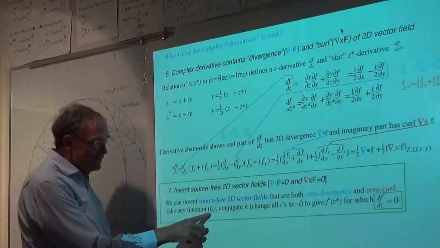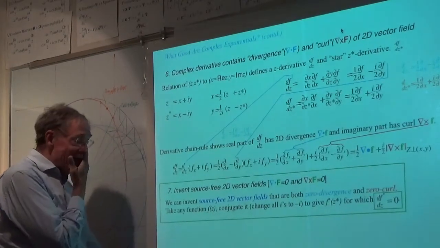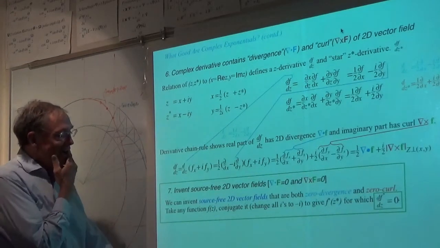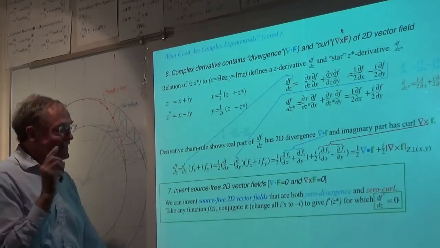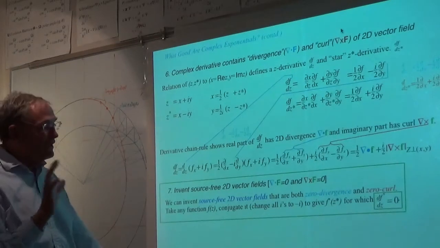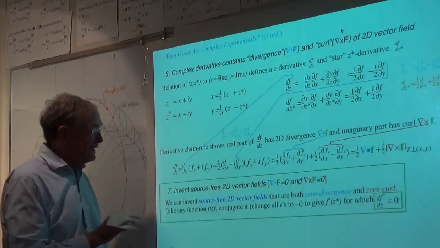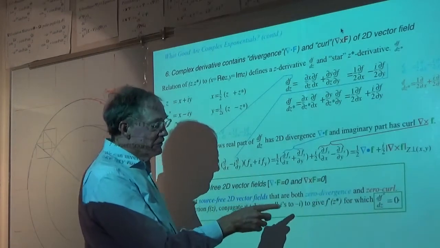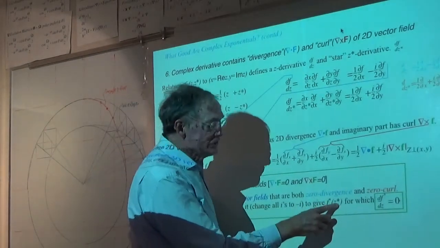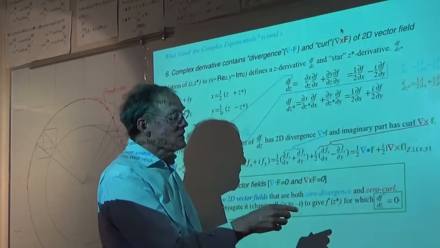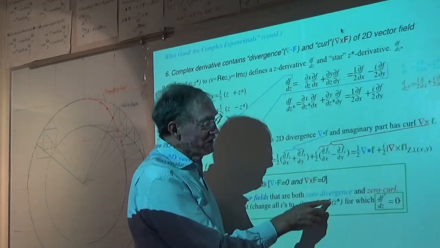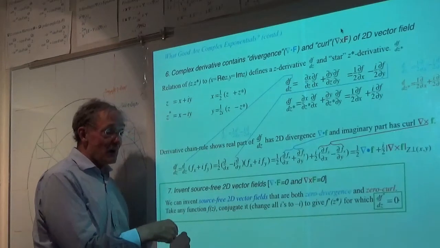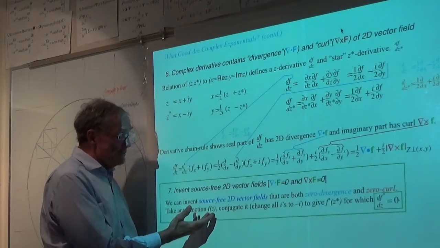Take any function of z, your favorite function: sine z, e to the z, z squared. We're just going to do f of z equals z first. It's already interesting. Conjugate it, let's change all the i's to minus i, to give f star of z star. Usually you don't need to put a star on the f unless you've already got a function that has imaginary parts to it.